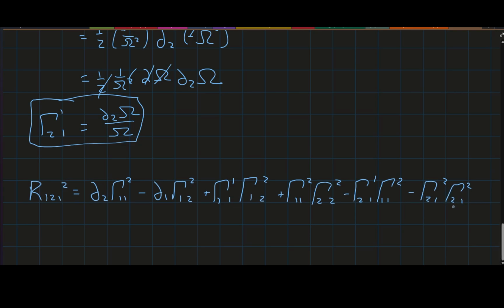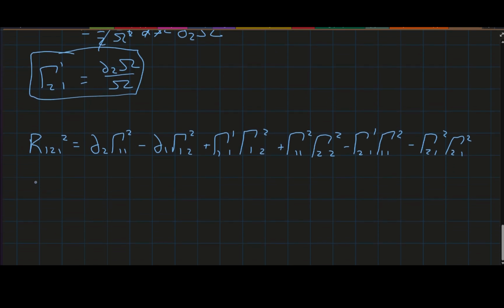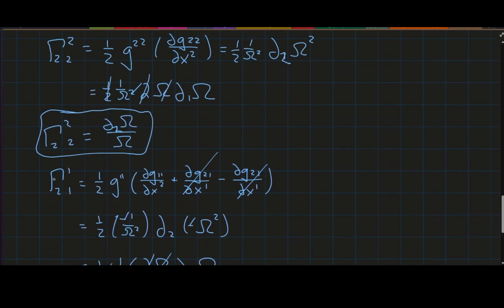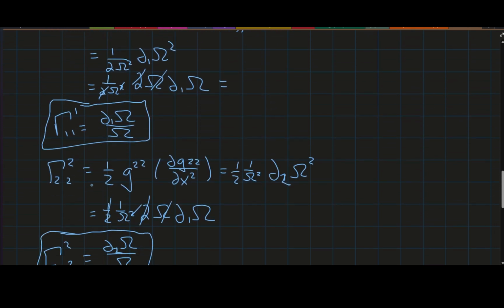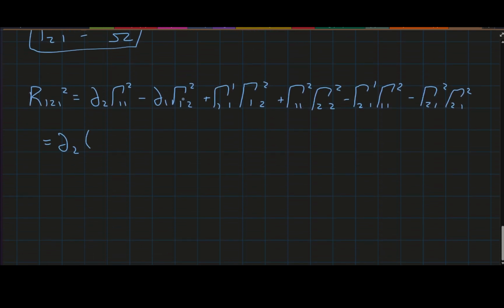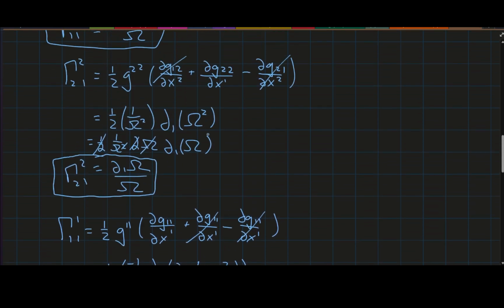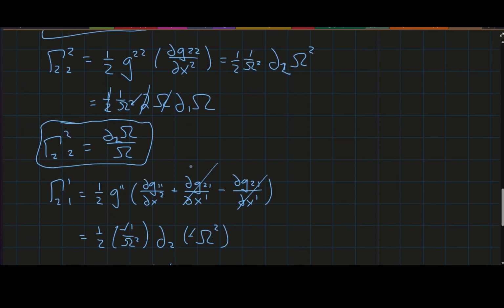Okay, and we can just start plugging things in basically. So let's see, let's plug in gamma 2, 1, 1 here. It's d2 omega over omega. Minus d1 of gamma 2, 1, 2, which is going to be the same as gamma 2, 2, 1, which is this, so del 1 omega over omega.